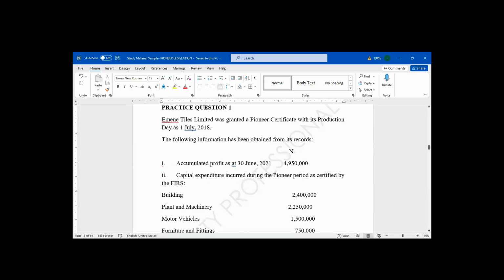The Pioneer period starts when? And is going to terminate when? What is the likely date of termination of the Pioneer period?